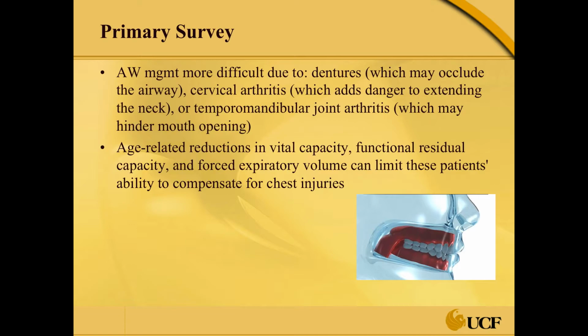Remember that the vast majority of us, as we age, will develop obstructive pulmonary disease, even if we're not smokers. Obviously, if we're smokers, then it's going to be accelerated and exaggerated at much higher rates.